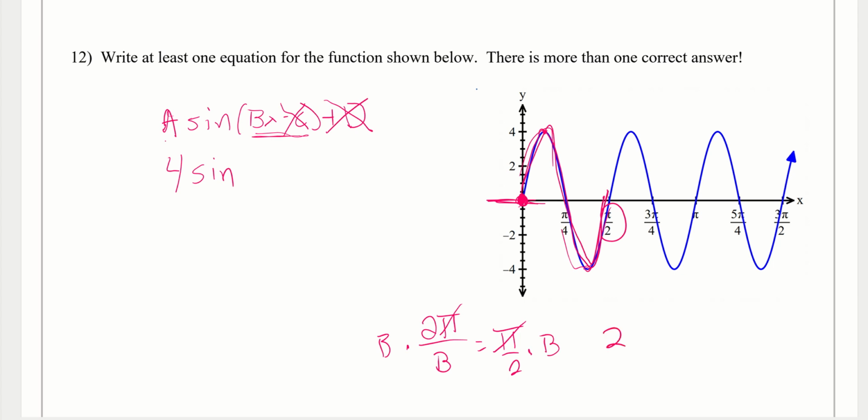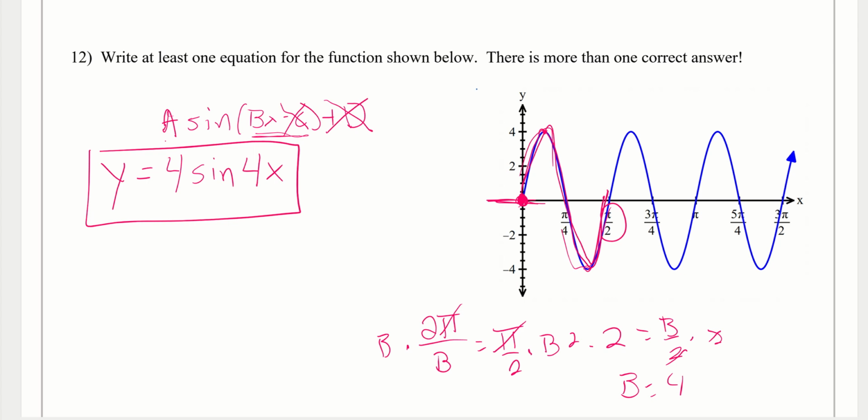And so I'm going to have 2 is equal to B over 2, and multiply this 2 over to get rid of it. So B is going to equal 4. So this is going to be sine 4x. Cool. Again, there's an infinite number of equations that you can write for this one, but that is kind of the easiest one you can do.